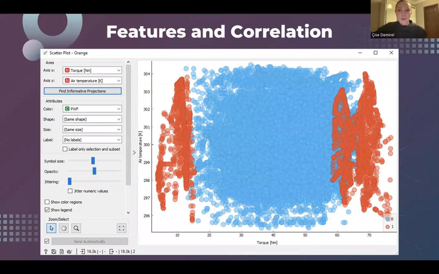This graph is also about power failure, and here the features are torque and air temperature. Here, as you can see, at low torque values, air temperature has a significant effect on the power failure, and also at high torque values, power failure occurs.